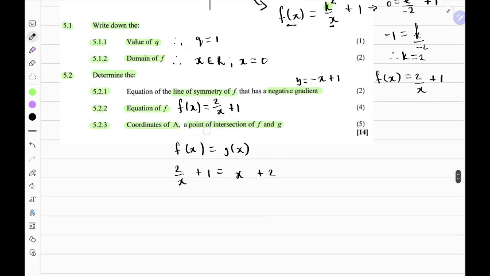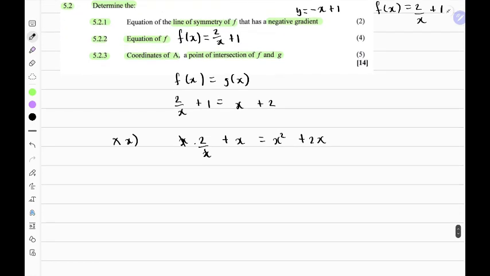So we can multiply throughout with x. Doing so allows us to eliminate the x in the denominator on the left. It's equal to x squared plus 2x. So here and here x cancels out.